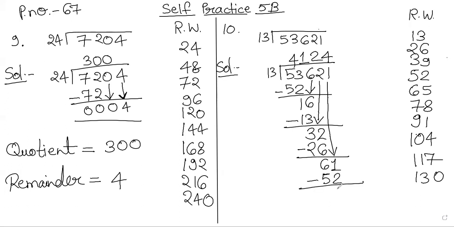Now subtract 52 from 61. 9 is left. Now we need to stop our division as no digits are left in the dividend, and 9 is smaller than the divisor. So we will stop the division here. Write the quotient and remainder. Quotient is 4124 and remainder is 9. Now take a screenshot.